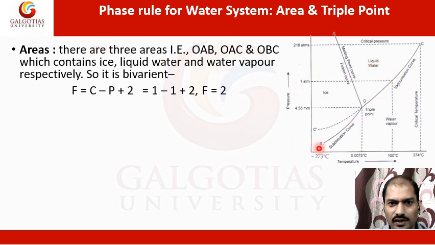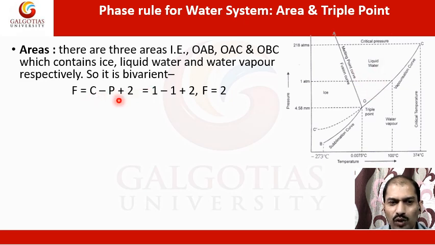Please remember, earlier we took a different graph where two phases were coming, but here, if you take this one, OAB has one phase only, the solid phase or ice. And if you take the area OAC into consideration, this is the liquid phase. So you have to say component is 1 and phase is 1.